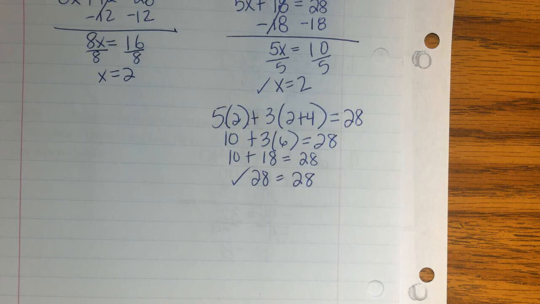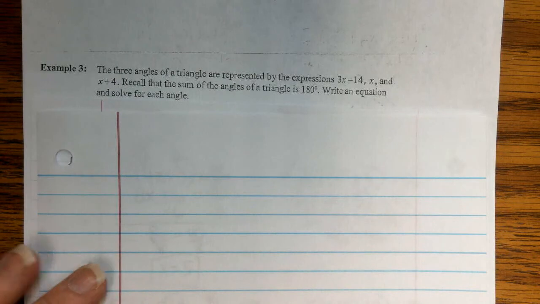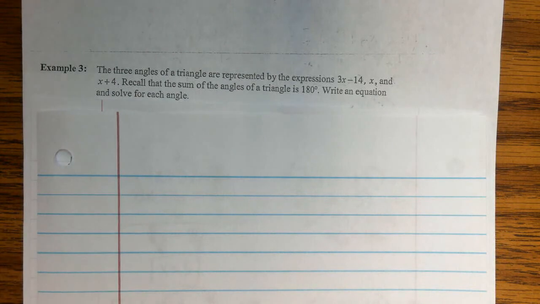All right, let's move on to some word problems. It says the 3 angles of a triangle are represented by the expressions 3x minus 14, x, and x plus 4. Now, whenever they've given you a figure, draw it, people.